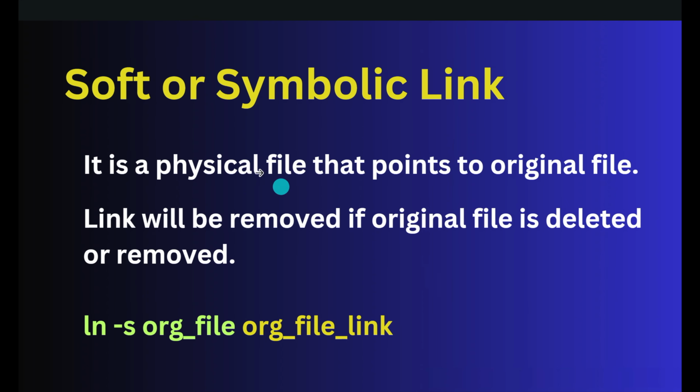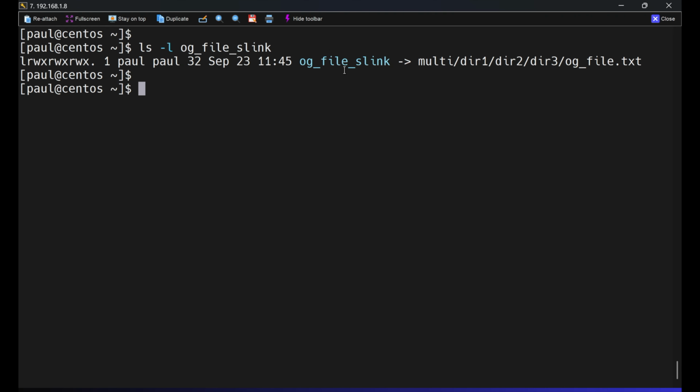There was one more point in the symbolic link definition: the link will be removed if the original file is deleted or removed. So let's try this. Our symbolic link is still there. If I remove our original file using rm, multi directory 1, 2, 3 and our original file, that's it.